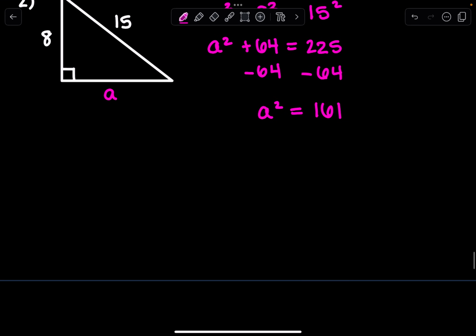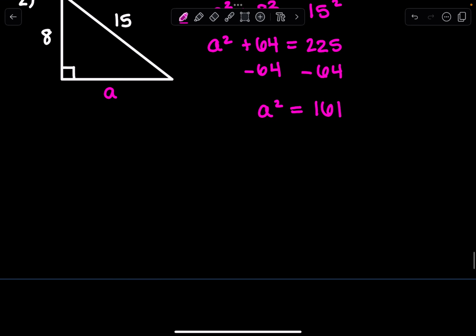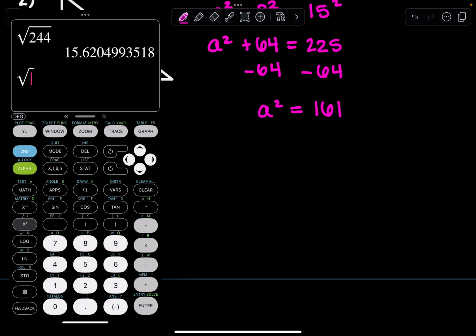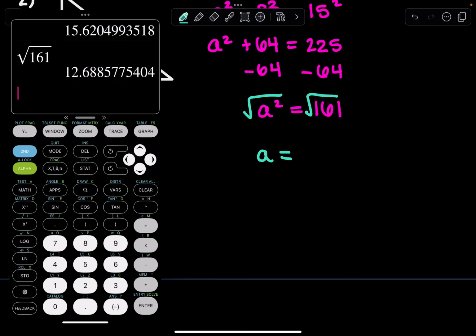And then just like before, I'm going to pull out my calculator here. Take the square root of 161. So that's this step right here. And I'm going to get a missing side value of, we'll round to the tenth, 12.7.